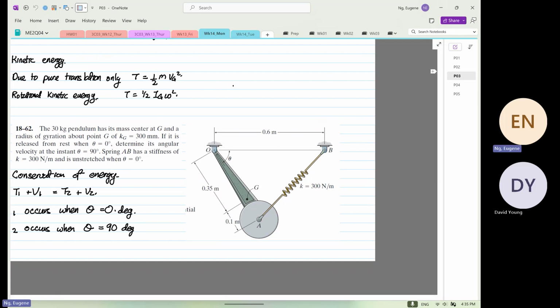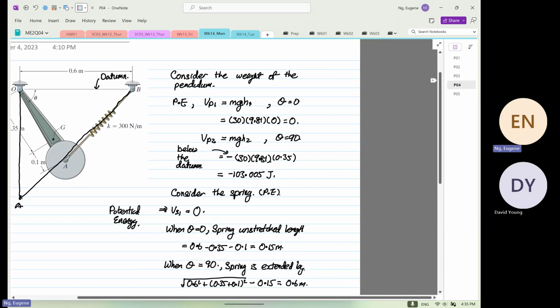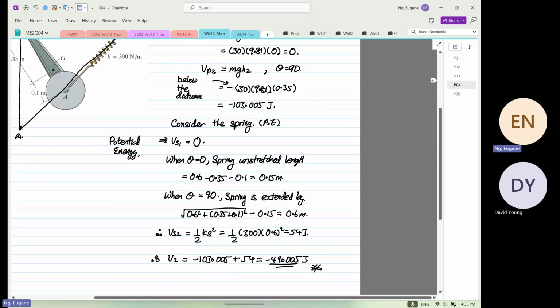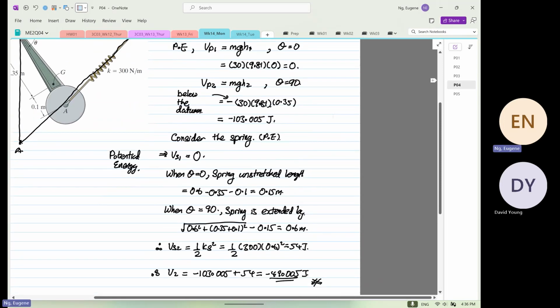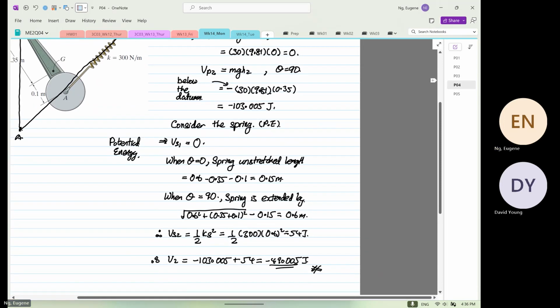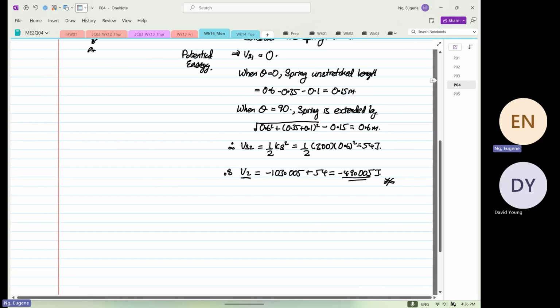Yesterday we considered the weight of the pendulum and the spring unstretched and stretched, and we also calculated the potential energy at position 2.